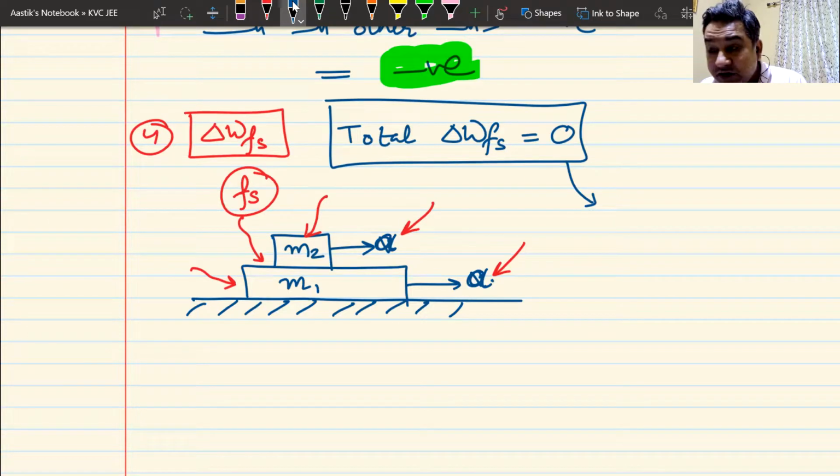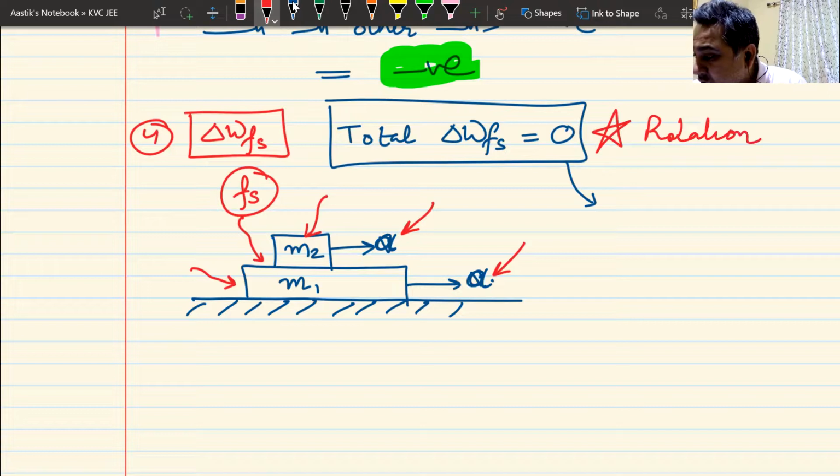So remember this, work done by static friction is 0. The total work done by static friction is 0. Whatever work it does in one part, same work it does on the other body, and hence the total work done becomes 0. And this is a very important concept that will come to you obviously in this chapter, as well as in the chapter on rotation, where you would be having static friction, still you would be conserving energy.